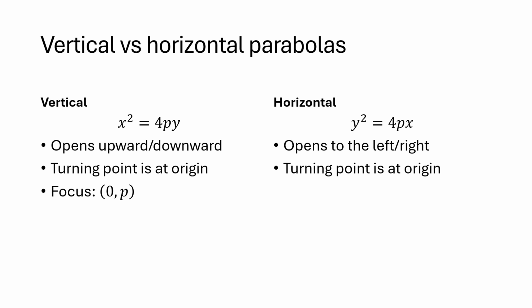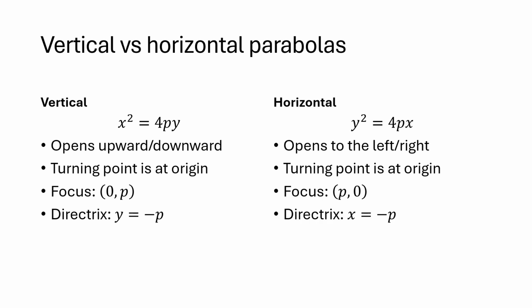Only difference for the horizontal is that the focus will now lie on the x-axis. So the focus will be at the coordinate p, 0. The directrix for the vertical was y is equal to negative p. So the only difference if we now flip it horizontally is that the directrix will have equation x is equal to negative p.